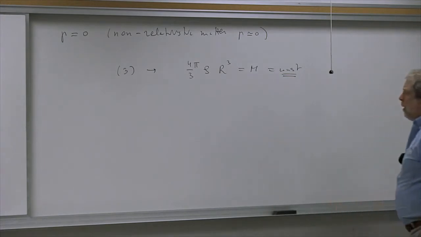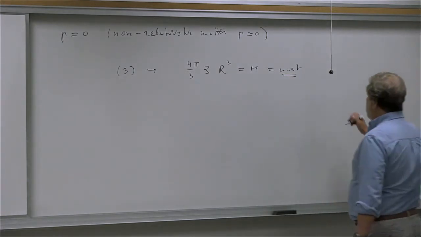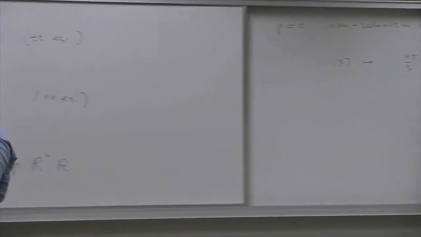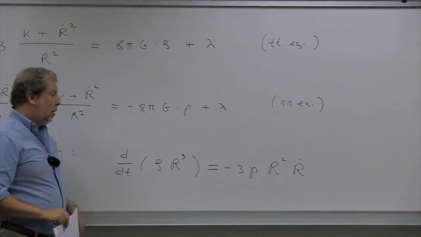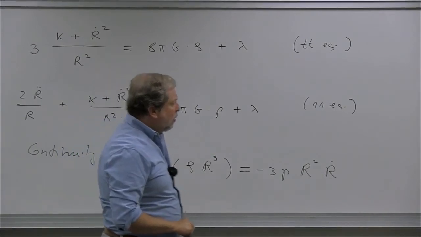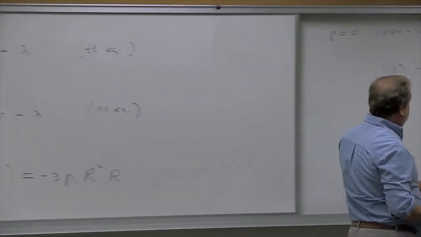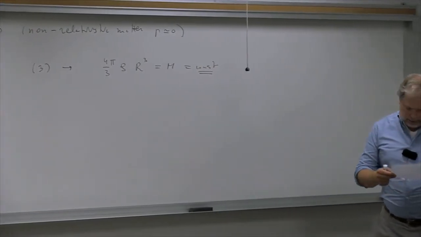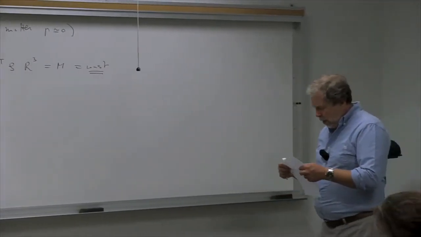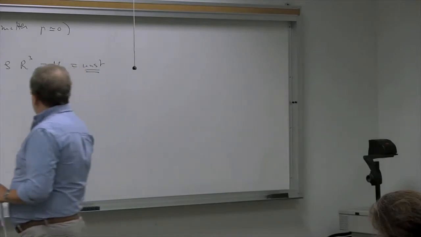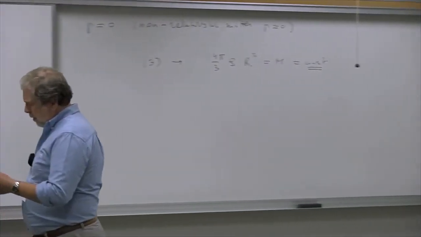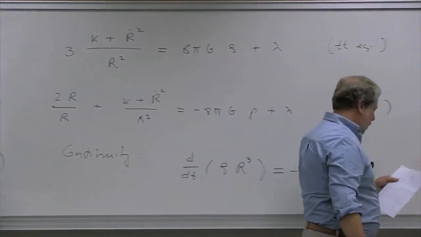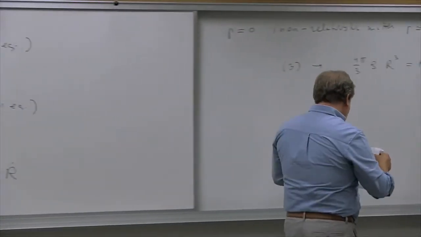So we can integrate the equation, and that tells us that the product of ρ times r³ is a constant, and we call that constant capital M, and we add a constant in front as well. And so that's a useful way of looking at it. And then we can look at, say, the first equation. So I look at equation number 1.